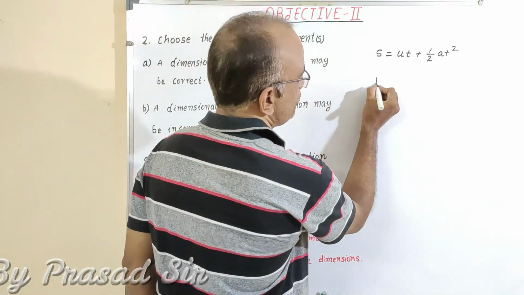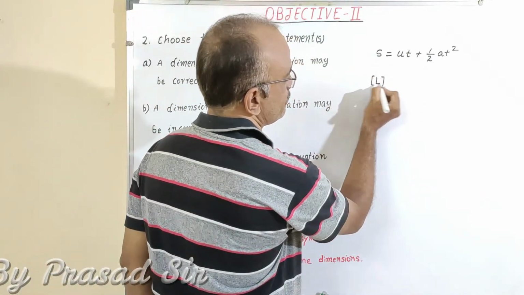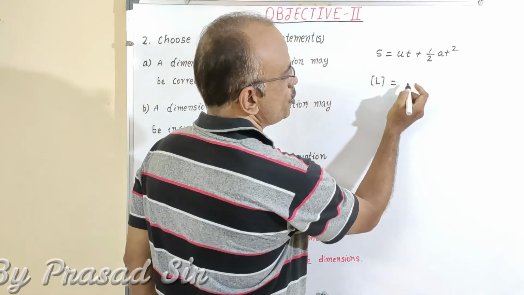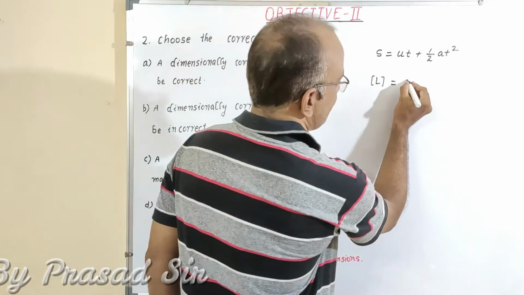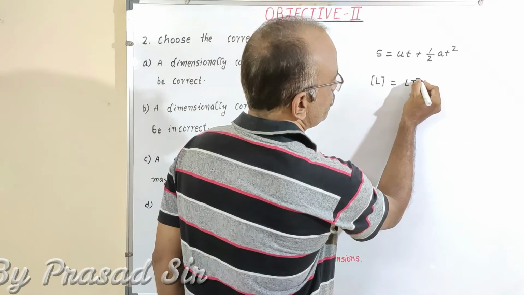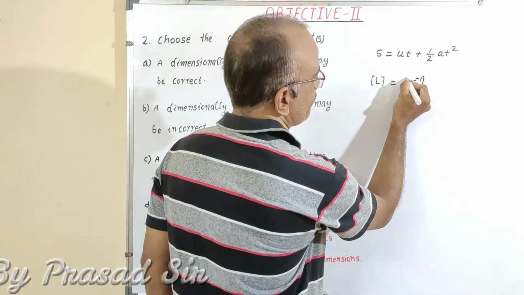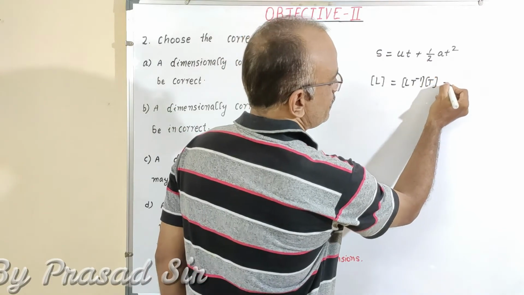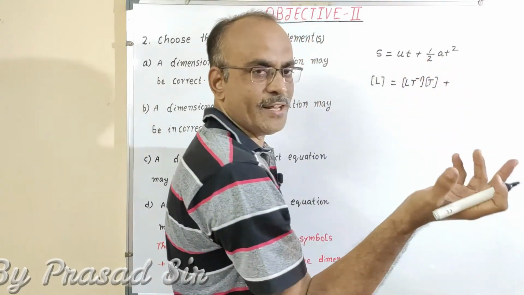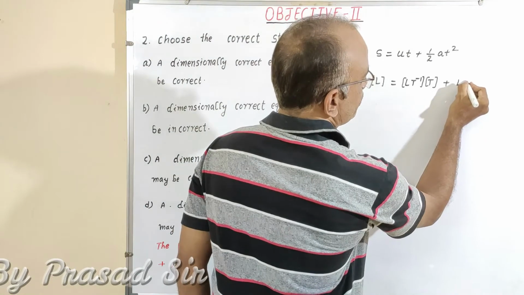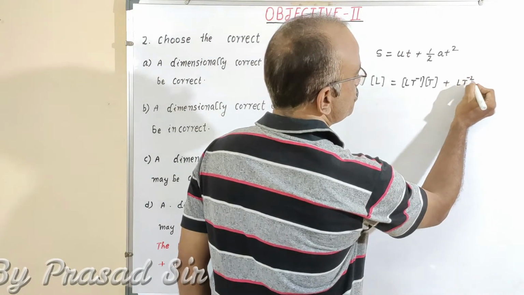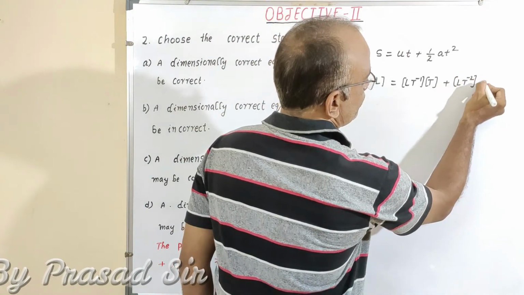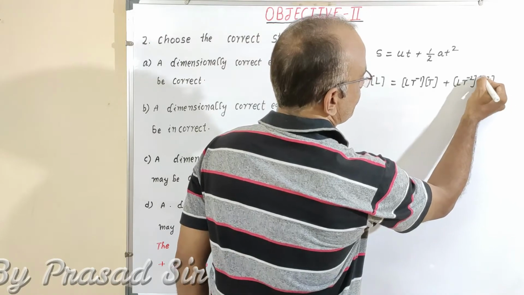S is nothing but L, equal to u, which is velocity, L T to the power of -1, times t, plus half, which is numerical, times acceleration L T to the power of -2 and t square.